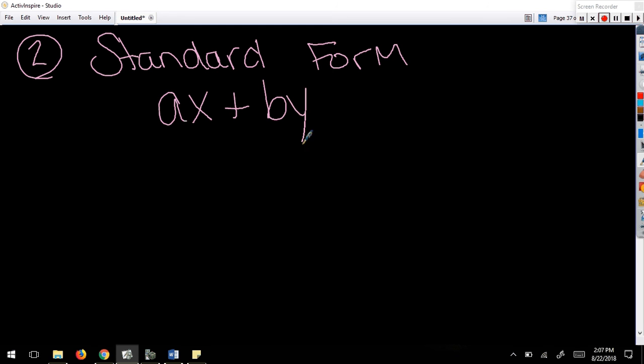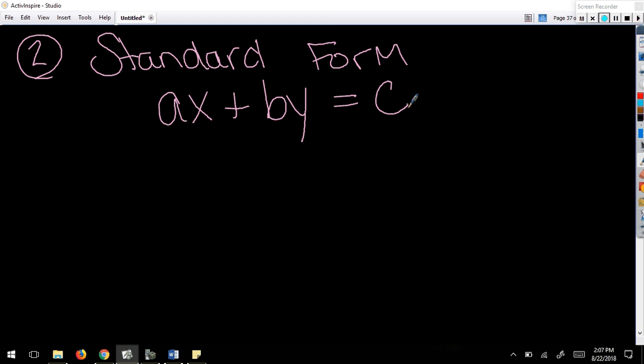Looks like this. We got the x and the y on the same side and a number on the other. Do y'all remember this? So I always taught my kids cover up with standard form.